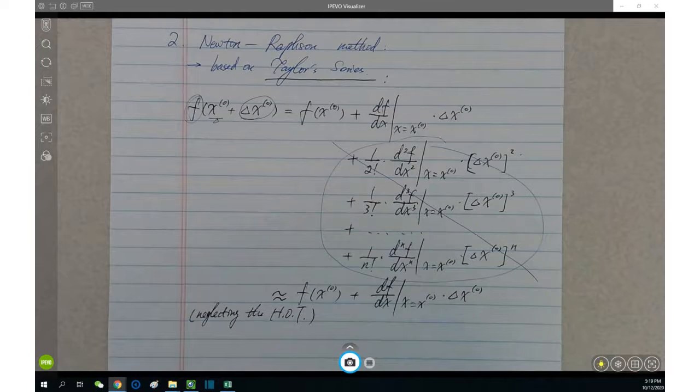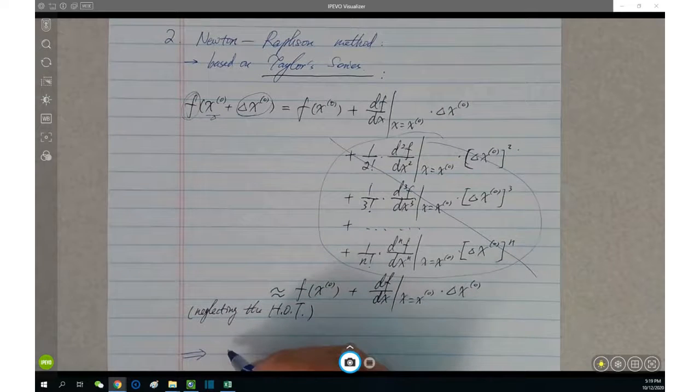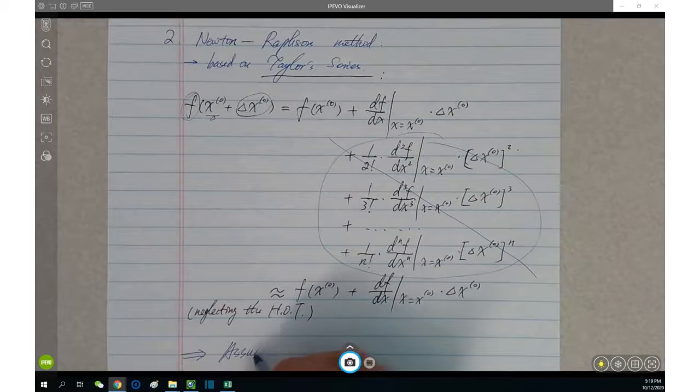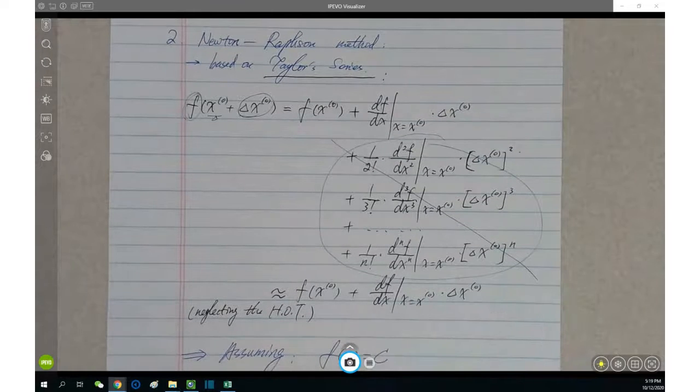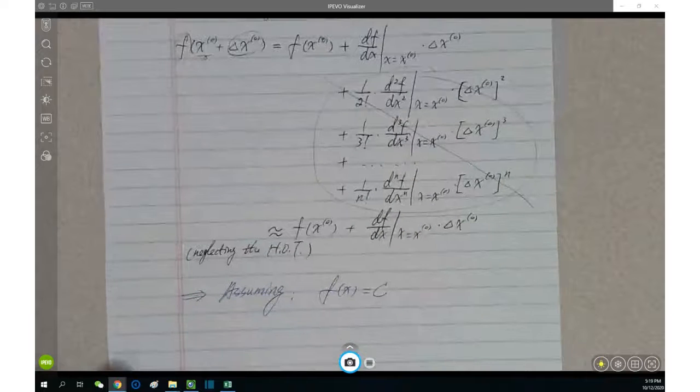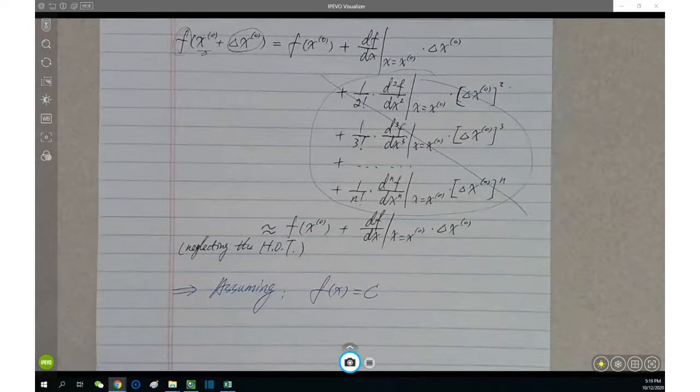From which, if you assume a function like this, f of x equals c, a constant c. It doesn't have to be 0, it could be any constant c.